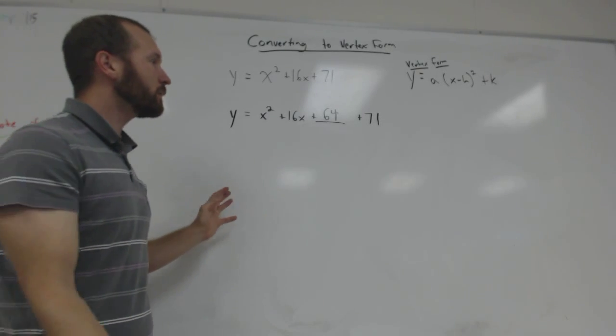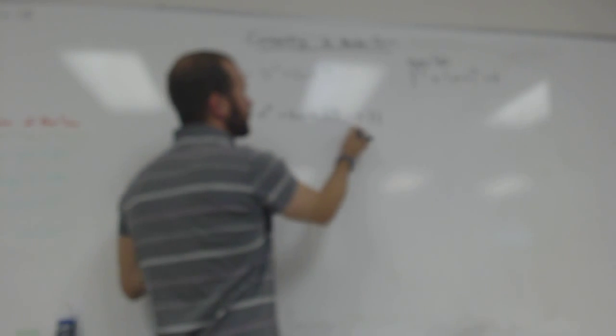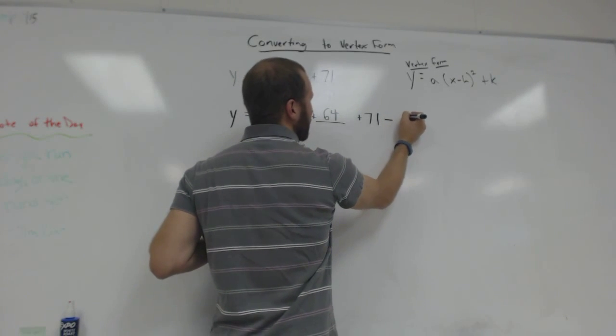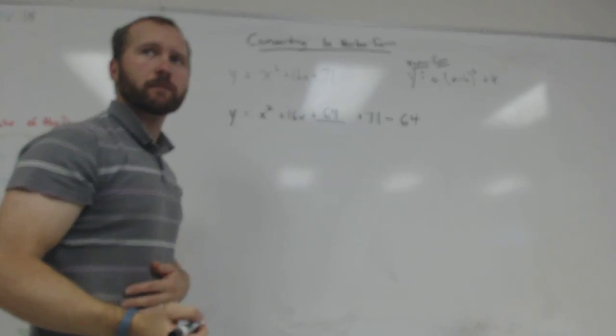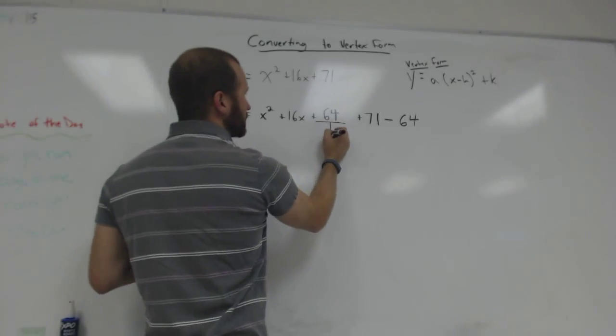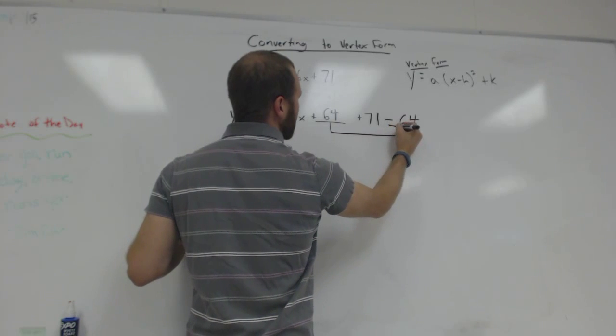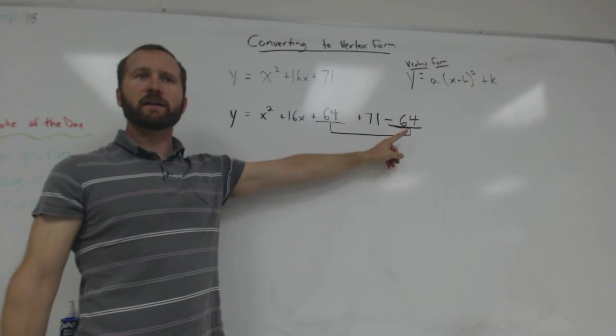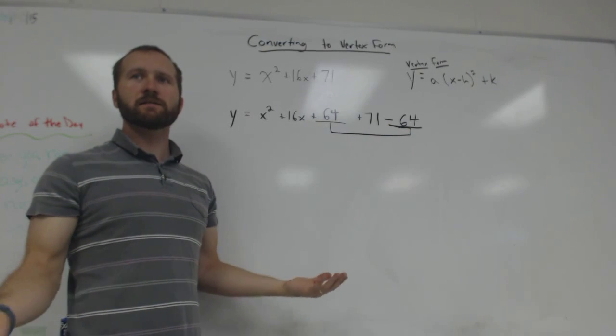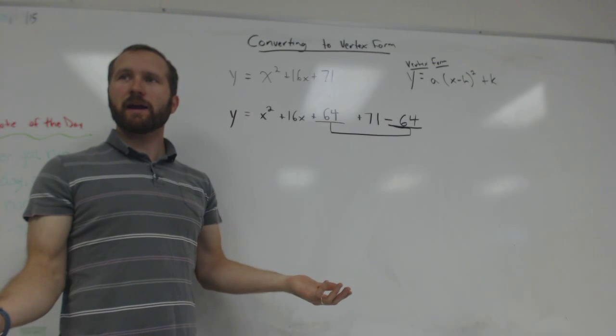So what I'm going to do is add 64 here, and over here I subtract 64. Okay? So this compensates for this. Now I just added 64 and subtracted 64. Effectively, I added 0. Is that okay?